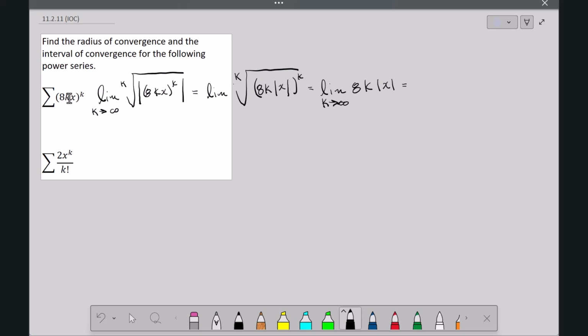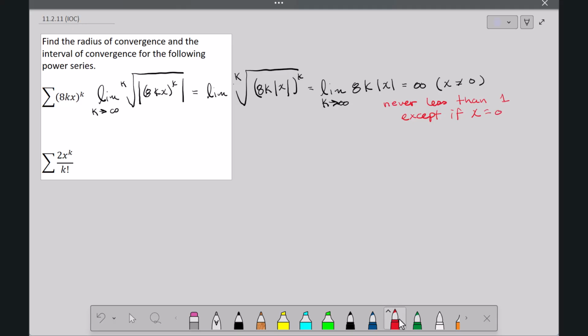But if x is not 0, this limit will be infinity. And infinity is never less than 1. So for both the root and the ratio test, we will have convergence when this limit is less than 1. This is never less than 1, except if x is 0.